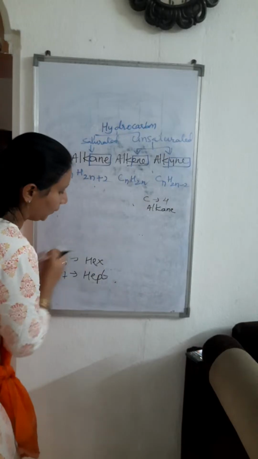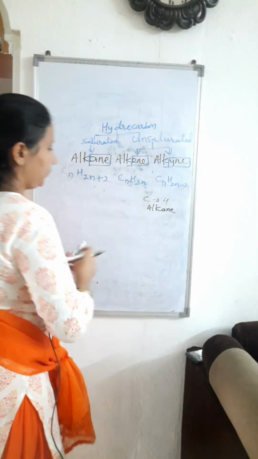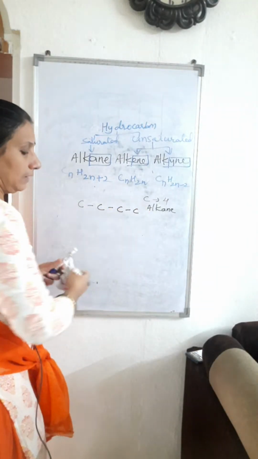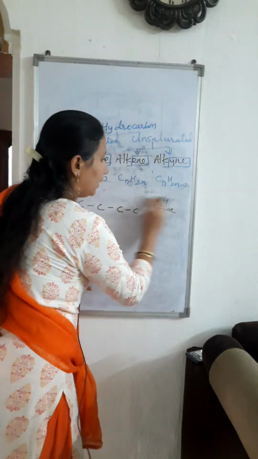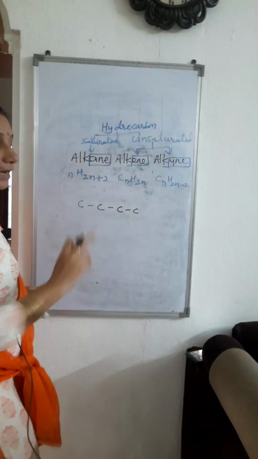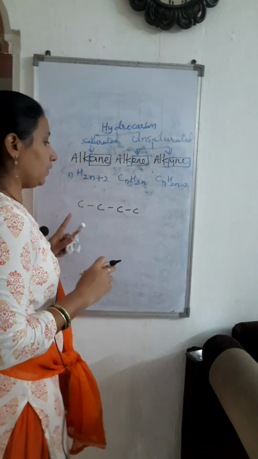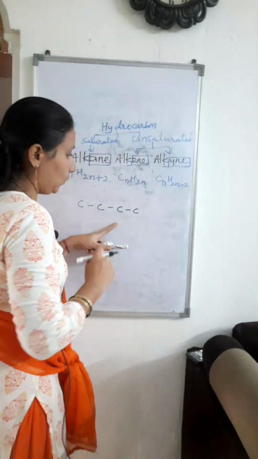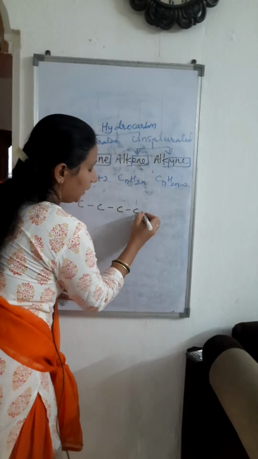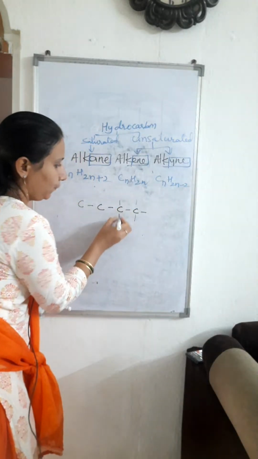If 4 carbons are there, as I told, we call it but. So first we will make 4 carbons. After that we need to add hydrogens for balancing. See here, carbon's valency is 4. I already told you it is tetravalent. If you recall that, you need to count only bonds. Here 1 bond is there, 2, 3, 4. In the same way 1, 2, 3, 4.